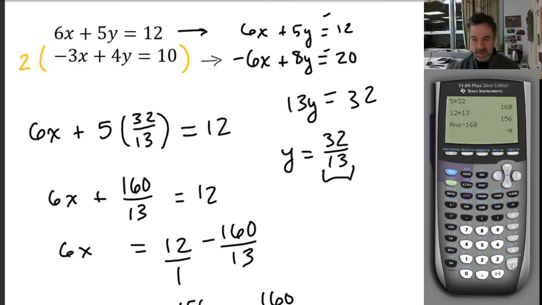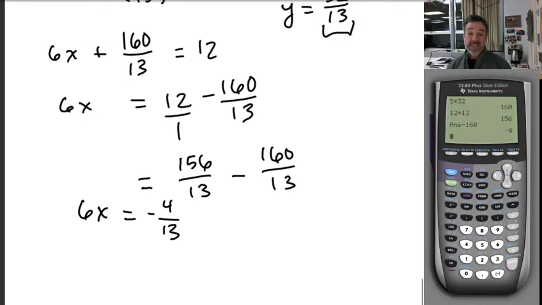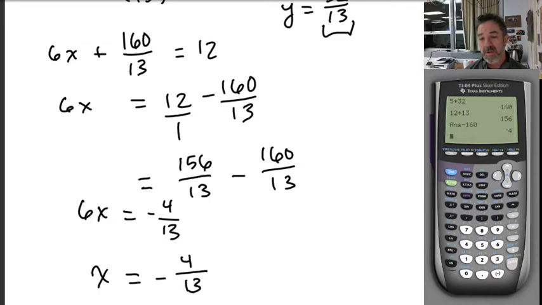So this equation has become, I think, better than it was. It's become 6 times x equals negative 4 over 13. Okay, now in order to solve this for x, I'm going to multiply both sides by 1/6. On the left-hand side, that just becomes x. On the right-hand side, it's going to become negative 4 over 13, and again I'm multiplying by 1/6.